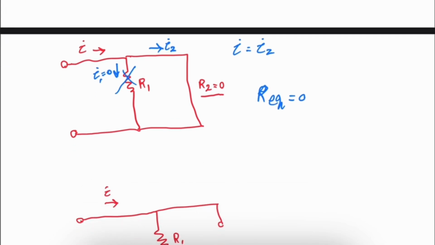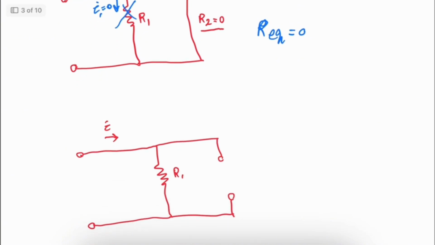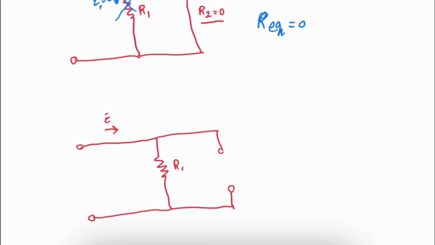Another scenario is when you have an open circuit. Let's assume that your second resistor has a very large value, so that it is like an open circuit. In that case, what happens to I1 and I2? I2 is going to be equal to 0, no current flows through this resistor.